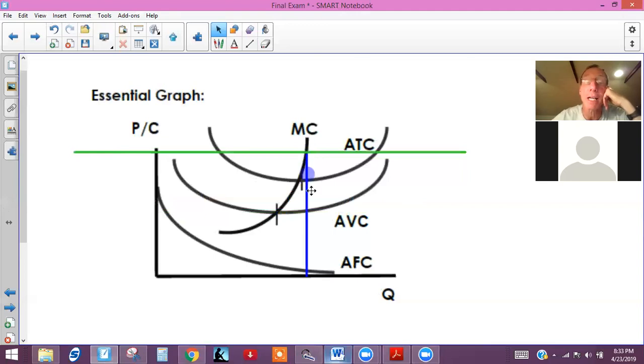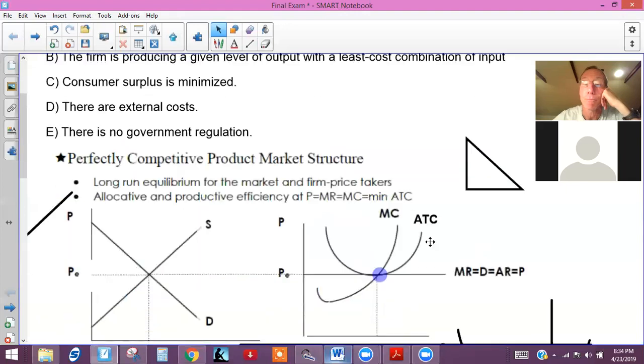This is their economic profit right here, because the average total cost of each of their units is below the average revenue, or the marginal cost, or the price. They're all the same. Once again, this line for a perfect competitor is marginal revenue, demand, average revenue, and price.